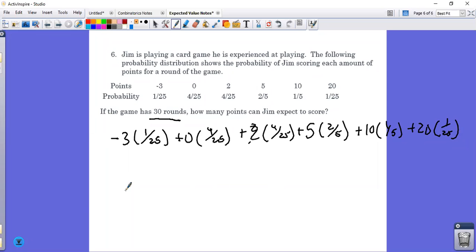To get that expected value, multiply all those out. So that expected value is 5. So he can expect, playing this game, that he's going to get 5 points for every round.